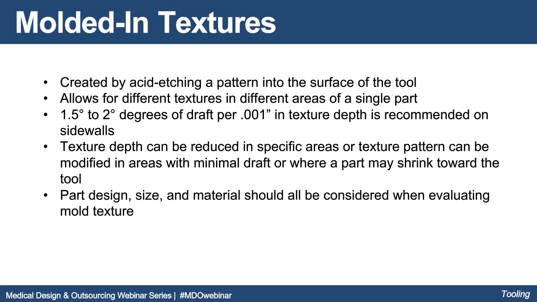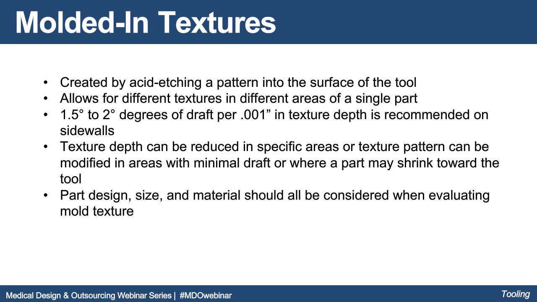So, if you picked, let's say, a Moldtech 11010, and there are other areas where you want 11030, this can all be achieved, and then we can work on blending in those textures so we don't see such a change. Part design, size, and material are all items that need to be considered when we're evaluating mold textures.